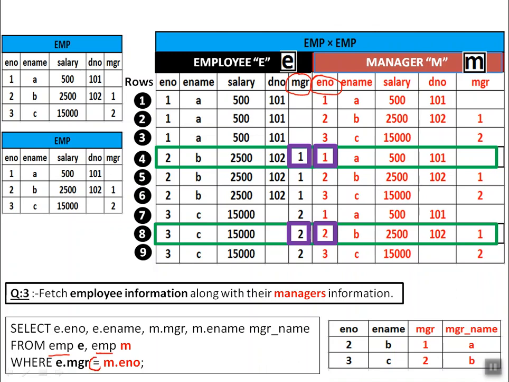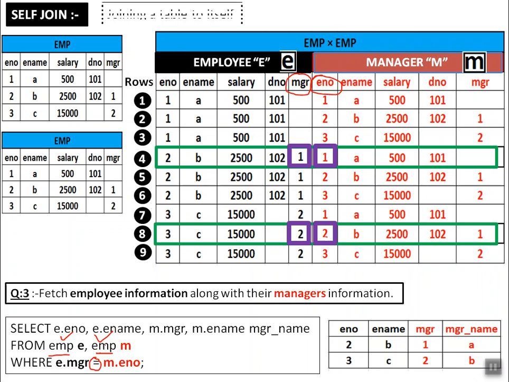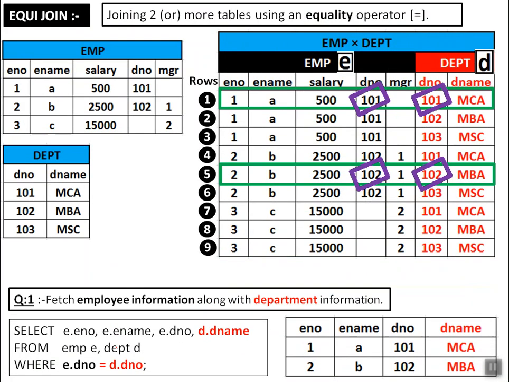This is also an equijoin, but the only difference is both tables are the same. Performing an equijoin on the same table itself is called a self-join. Joining a table to itself. It is also a type of equijoin wherein the child and parent are in the same table. In such a case, we go for a self-join.